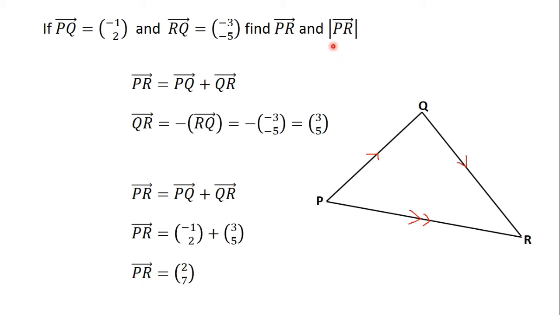The second part of the question says that we should find the magnitude of the vector PR. In the video on finding the magnitude of vectors, we learned that the magnitude of vector PR is equal to the square root of the x component squared plus the y component squared. So 2 squared plus 7 squared.